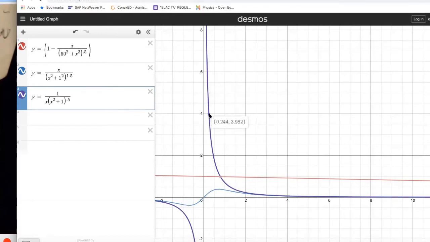So how would you know that it's going as 1 over x? Again, you just double the distance. So let's say the distance here is 0.242, right? And the electric field is 4. If I double the distance, what would that be? 0.48, right? 0.48. What should the electrical field be?